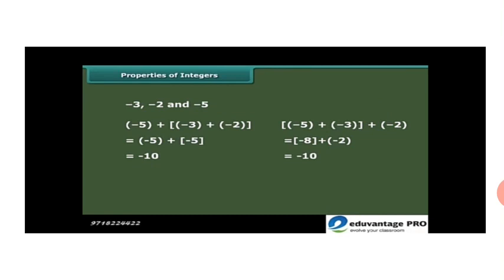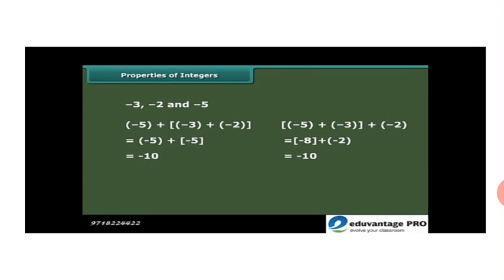Next, I have given 3 integers with negative signs. First, I am going to write a plus (b plus c). That is the associative condition. The first number I have taken as minus 5. Then I have added the next two numbers, and it forms the answer minus 10. Then I have interchanged the brackets.